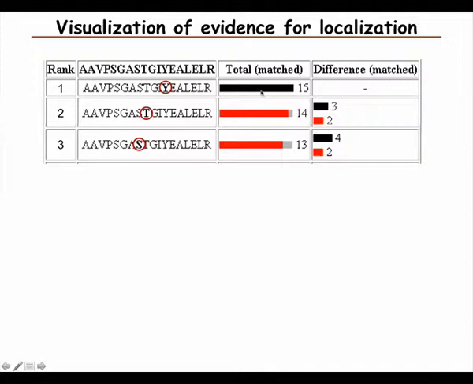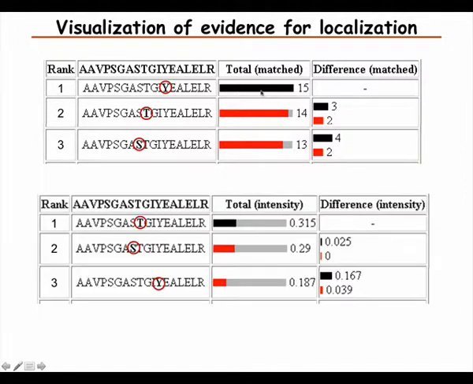It gets even more interesting if we look at intensity instead. Then the most intensity is supported if the phosphorylation is on this threonine. In second place comes the serine, and only in third place is the tyrosine, which was on top when we just looked at the number of matches. So now we have contradictory evidence here, and it's not clear how to do this.